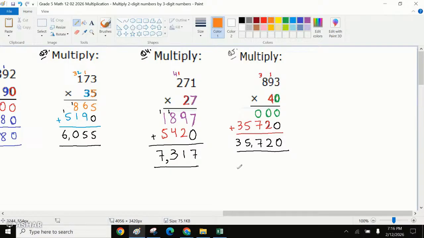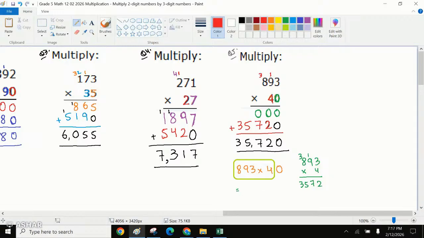The other way to do this question was: 893 was to be multiplied by 40. This number was ending with a 0. We can say 893 to be multiplied by 4. 4 times 3 is 12, we carry 1. 4 times 9, 36, plus 1 is 37. 3 comes over. 8 times 4 is 32, plus 5, 35.